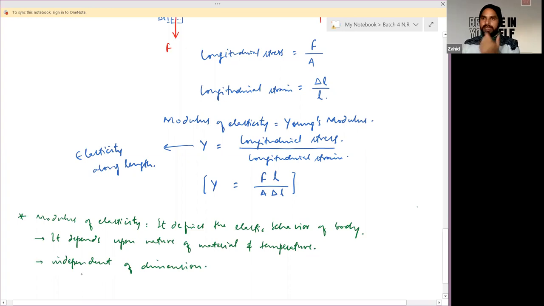Now there will be a question, how will modulus of elasticity be related with temperature? So you'll say, if you increase the temperature of a particular solid or any object, bonds will get weakened, due to which it will slightly lose its ability to regain its original shape. So modulus of elasticity decreases with rise in temperature.